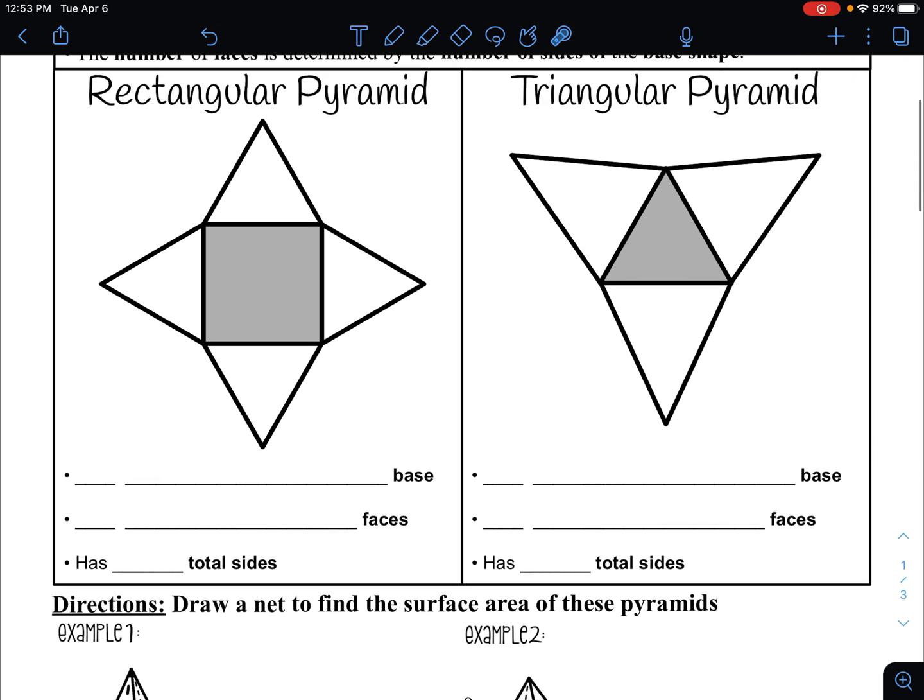All right, so here we have the base, and these are all faces. This is a base right here. It's pretty messy. This is a face, and these are also faces. What else do we need to know?